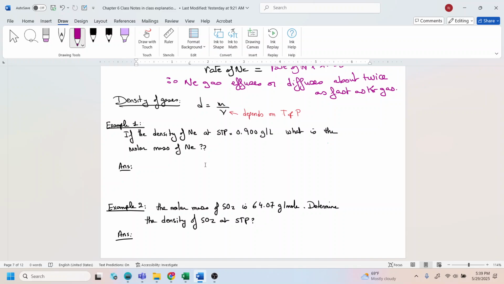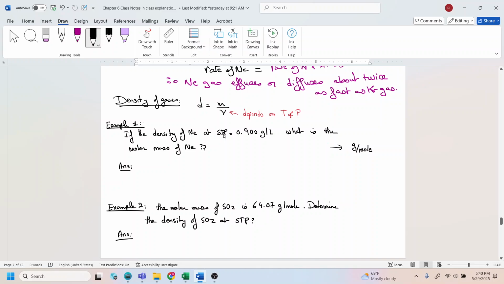What's the unit for the molar mass? What I need at the end is grams per mole. I am given grams per liter, and I want to change this into grams per mole. And I am given that the density of neon is at STP.